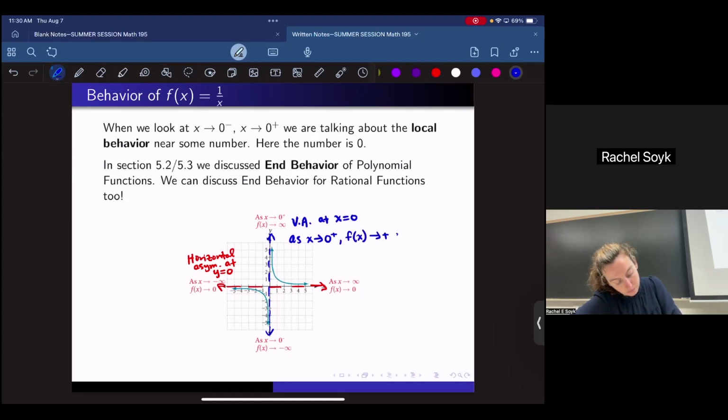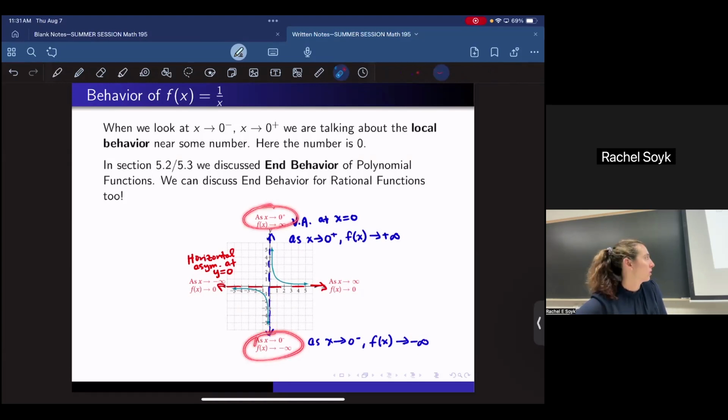And then as we have our x approaching 0 from the left, our y is shooting down to negative infinity. They have that actually also represented here. Just wrote it slightly larger for you guys.